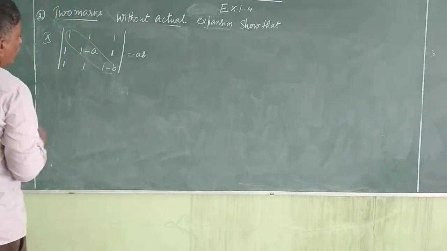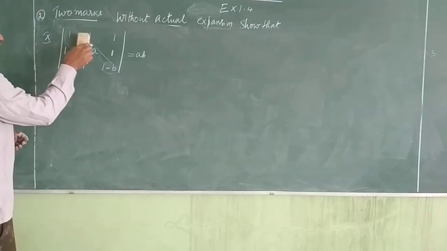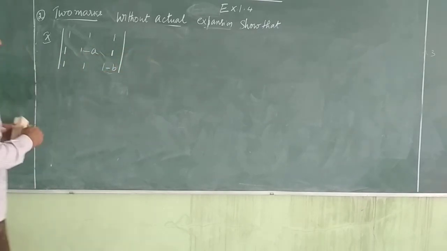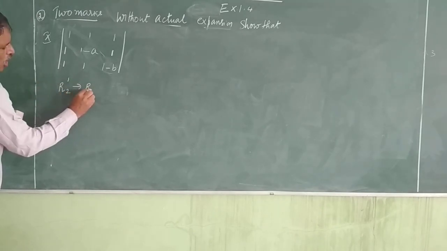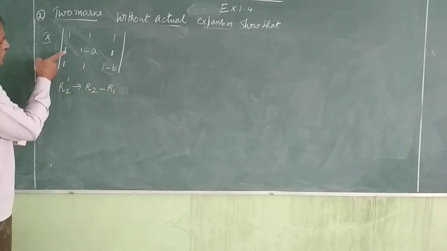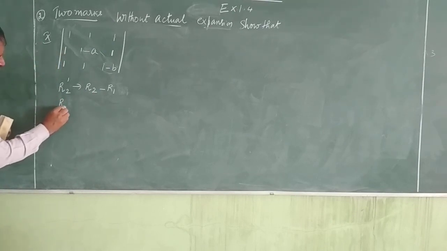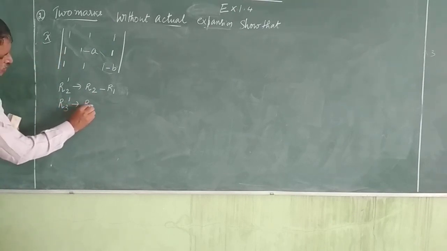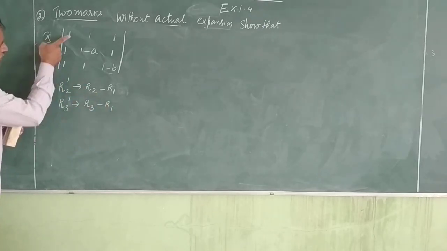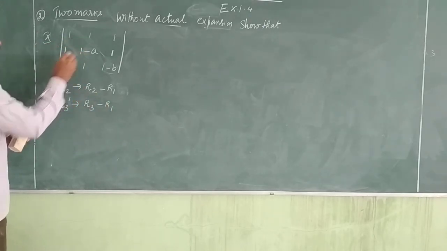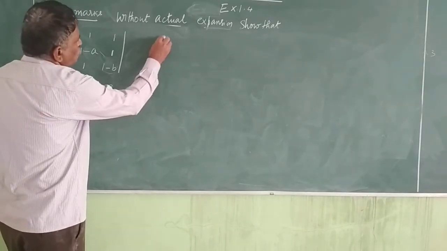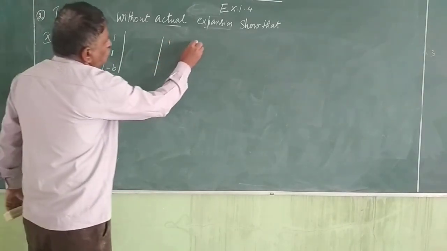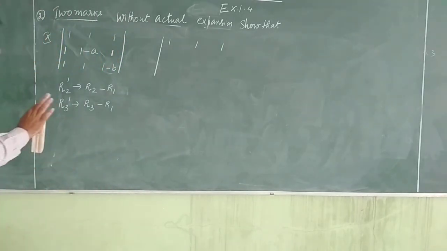So for that, I will change R2 to R2 minus R1, so that I will get 0 here. R3 changes to R3 minus R1. If I change this, this will be 0, this will be 0, and our problem will become very easy. So I will write the first row as 1, 1, 1, because we didn't speak anything about the first row.